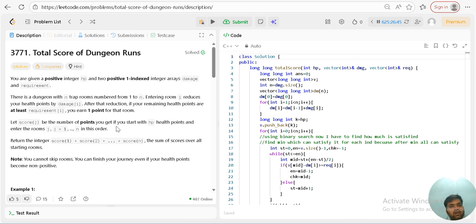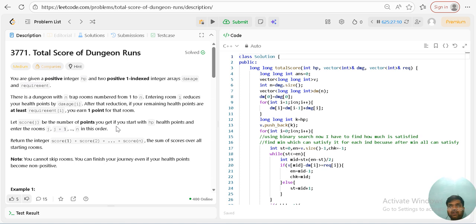So basically we have a damage array and a requirement array. The damage array is for updating the health point. Initially we have health point HP, but after moving one by one, the health point will reduce. Health point reduces by damage of i.